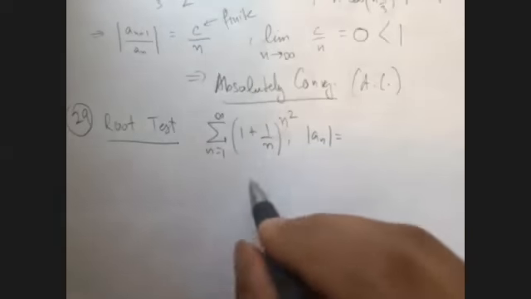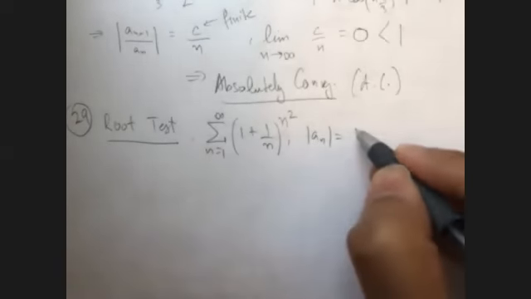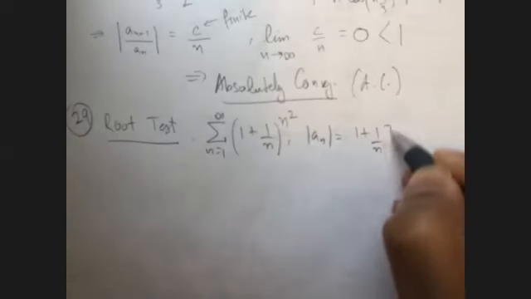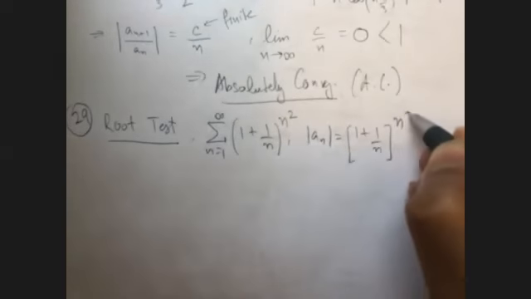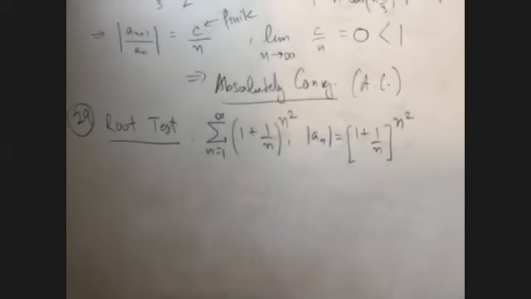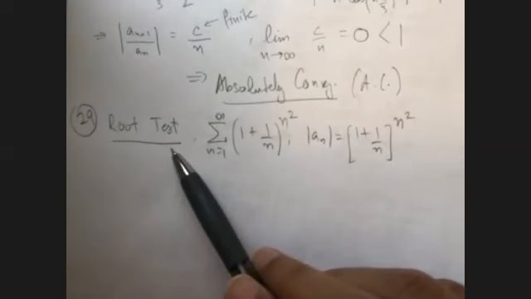So the absolute value of a_n here is... so whenever you see n or any power of n in the exponent, try the root test.